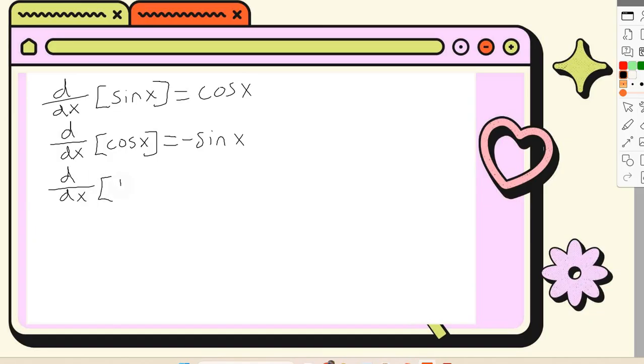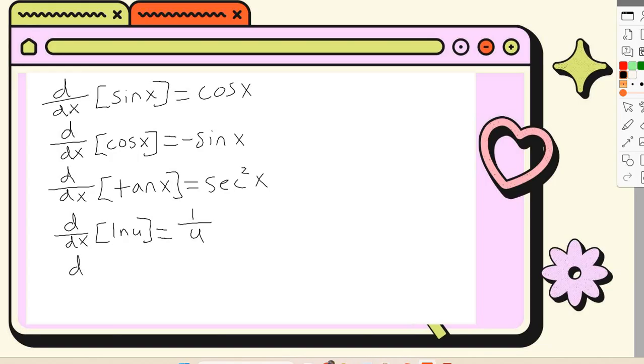The derivative of tangent of x is secant squared of x. So those are on the left side. On the right side, we have the derivative of the natural log of u, they write it as u so I'll do it that way too, is going to be 1 over u. And the derivative of our exponential.